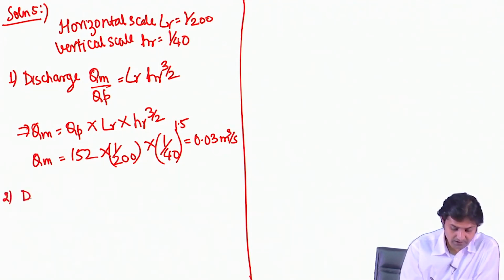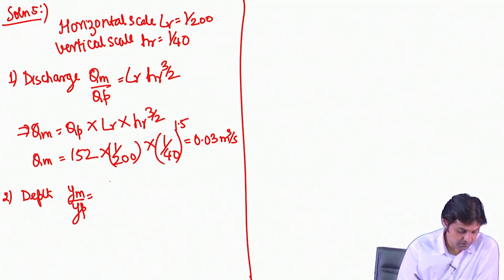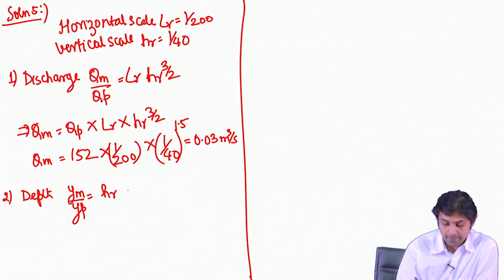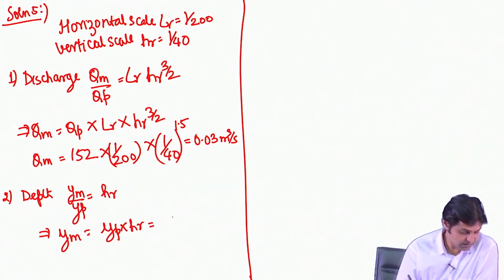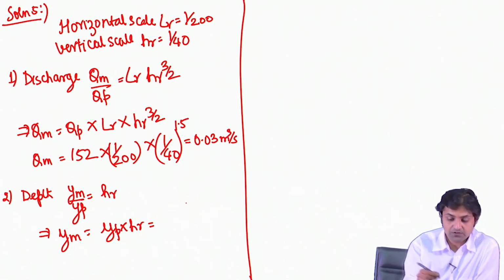Second thing is depth. Ym by Yp is Hr, correct? Simple. So Ym is equal to Yp into Hr. I should have first written down the known quantities, sorry for this.